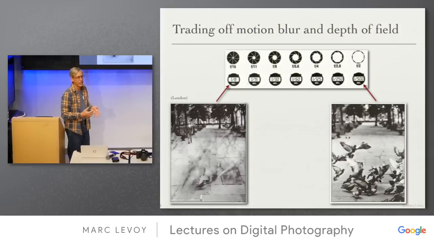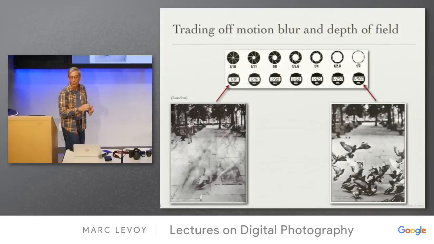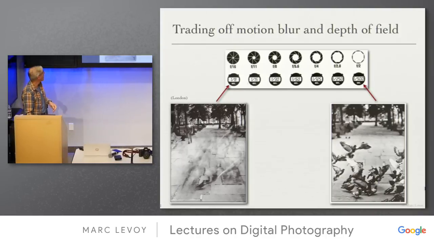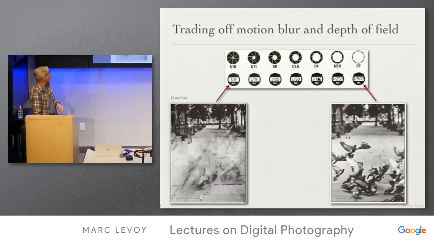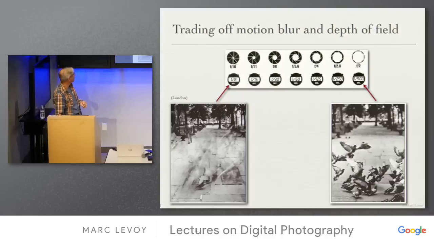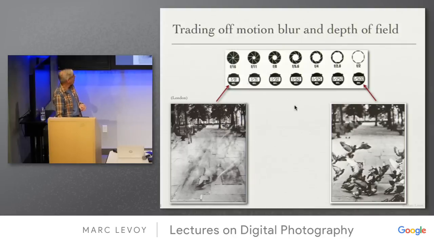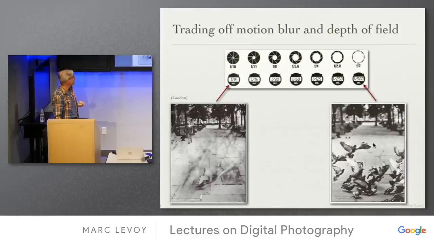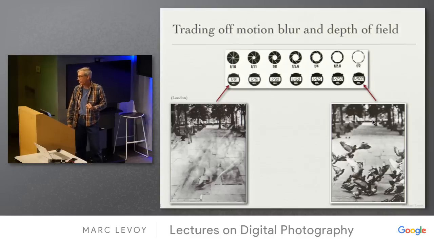And so if you put an SLR into P mode, program mode, you will basically be able to choose one column from this chart. So for example, F16, which is a very small aperture, at 1/8 of a second, and you won't freeze the birds, but everything will be in focus. Or F2, which is a wide open aperture with a very short shutter speed, 1/500th of a second, and you'll freeze the birds, but the background's out of focus.